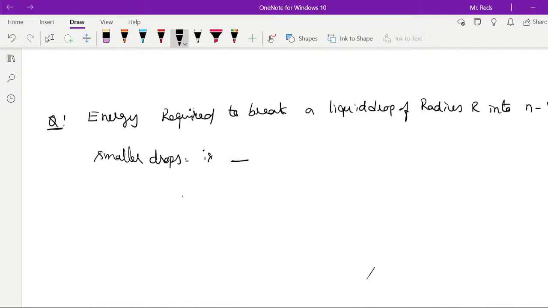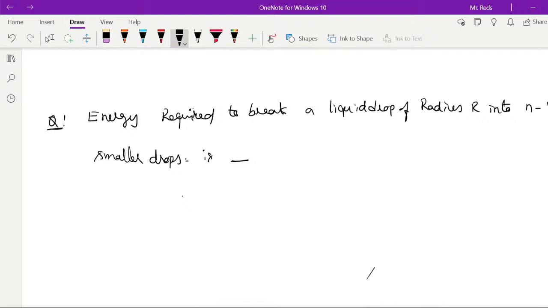Okay, now we can do some numericals. First, this can also be understood as: if a big drop of radius capital R breaks into n identical smaller drops, what should be the relation between the radius of the bigger drop and the radius of the smaller drops?